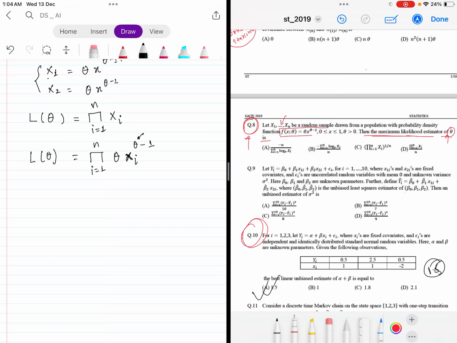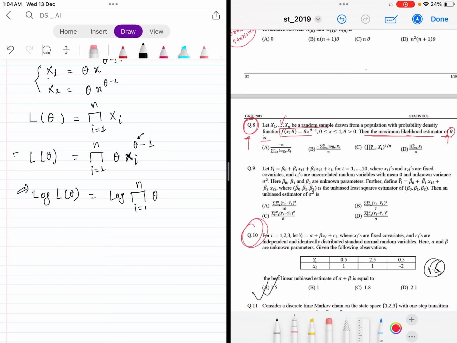Before that, we can take the log likelihood. Why are we taking the log?